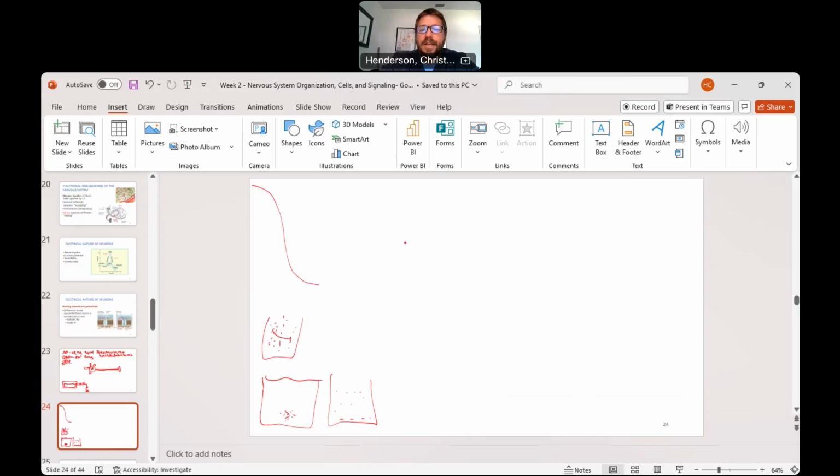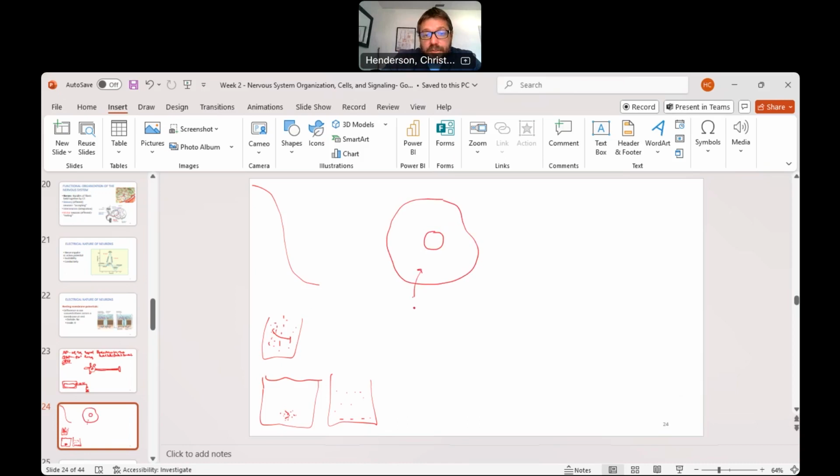That's the first part. The second part is understanding the cell membrane. Neurons are a cell. They have a phospholipid layer for a membrane, right? Now, if you remember, or if you don't, we're going to go over it again. The phospholipid layer is selectively permeable, meaning it lets some things in, it lets some things out. What does it let in?